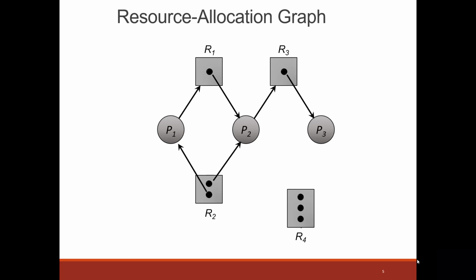It can't grab that because it's held by process 3. Now, if process 3 would release its instance of resource 3, which it can because it's not waiting on any other instance of a resource, then process 2 would get assigned that instance and use it. It would release it, and process 2 could then go ahead and release R1, which process 1 could get. So notice we are not in deadlock yet.